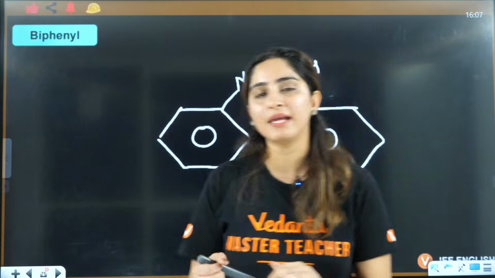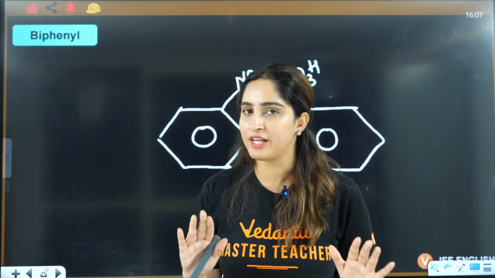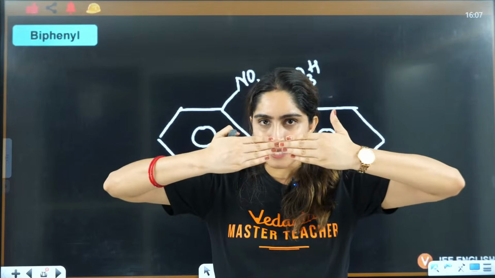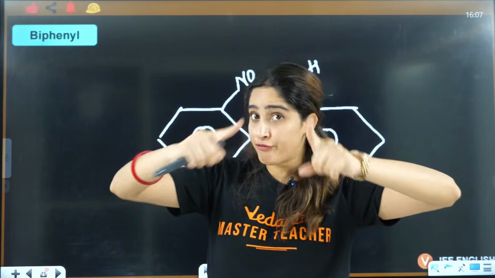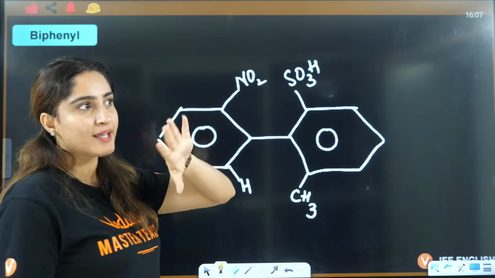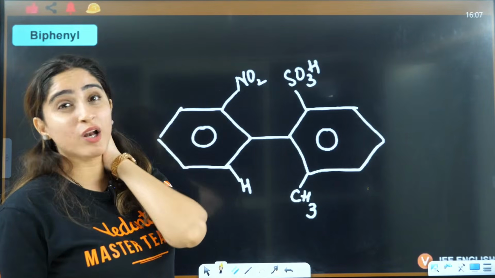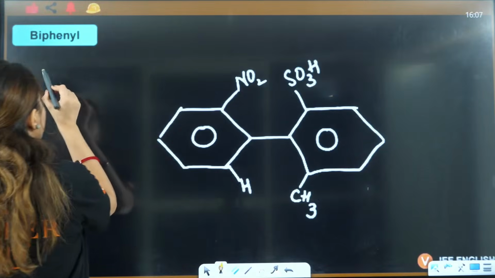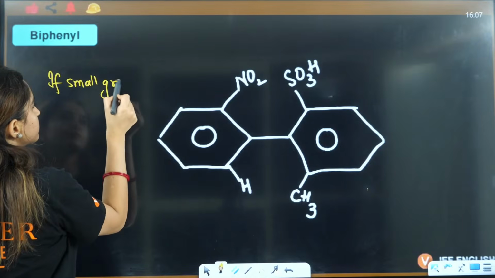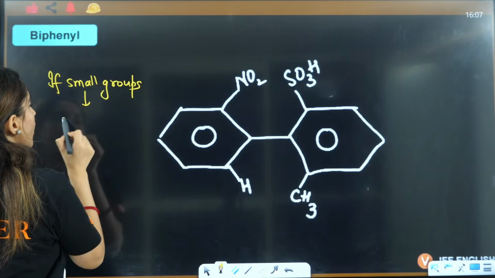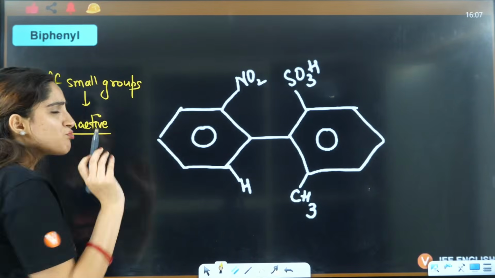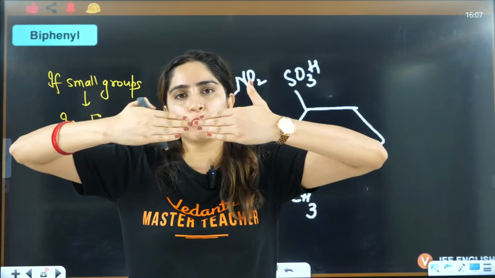Biphenyl means you will have 2 phenyls connected to each other. Biphenyl usually is on the same plane, but if you have very large groups present, see, one thing is, if you have very small groups, then it is always inactive, because small groups are always going to be in the same plane.